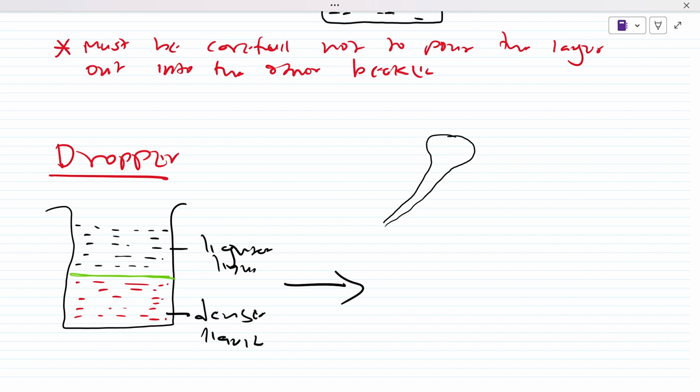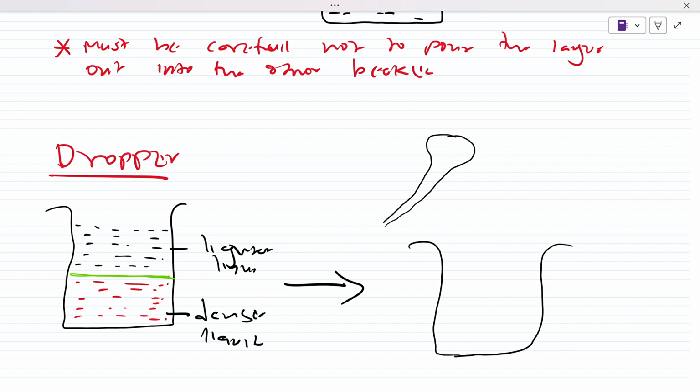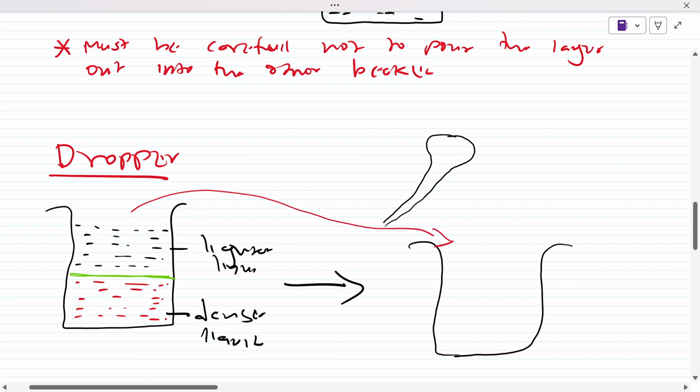So in my new beaker, that is going to be this one. That's my new beaker. I'm going to be using it to suck the top layer. As I'm sucking the top layer, I empty it into this new beaker.